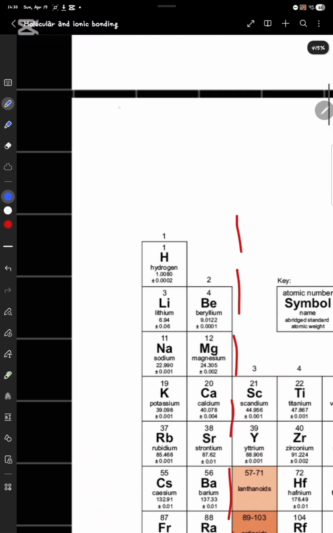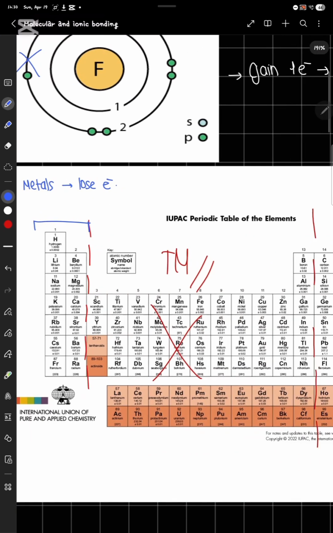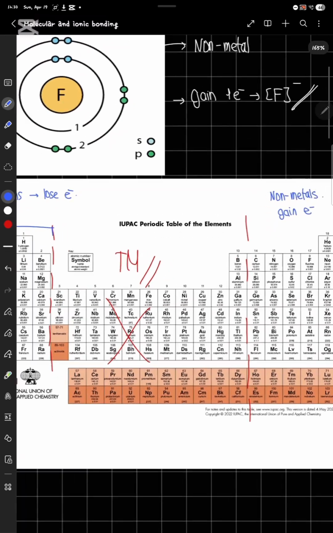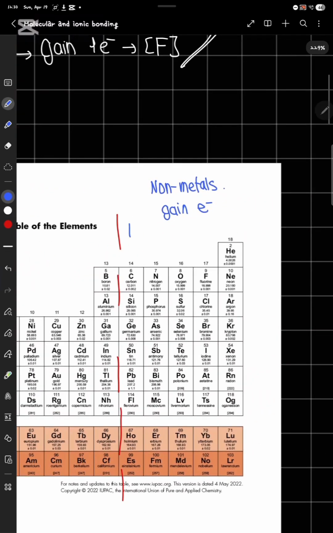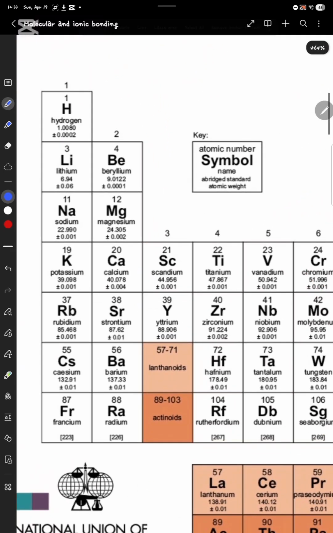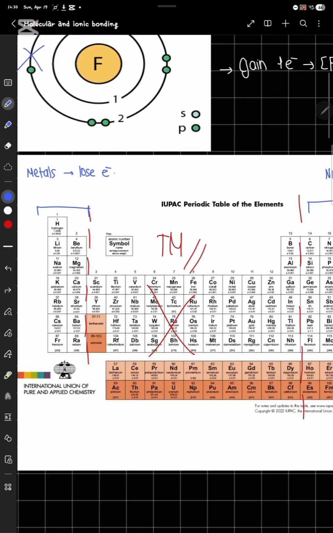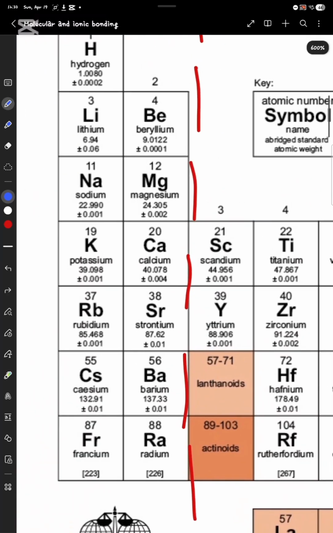And metals are on this side, and they tend to lose electrons. Okay, and that's very important, because when you're asked to find, let's say, the charge of calcium, what happened? Okay, for example, I'm going to find the charge of calcium.